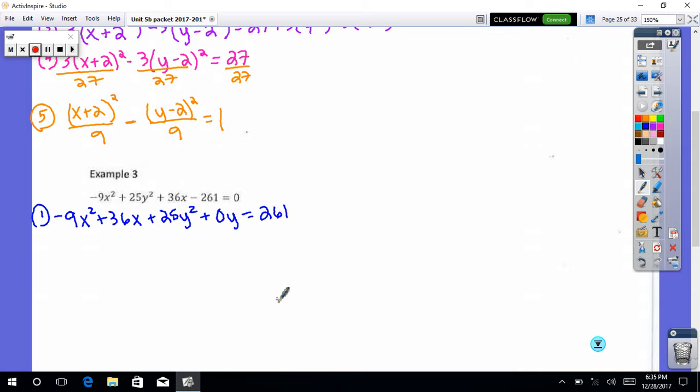It does not mess anything up, and it will eventually disappear. You'll see in a minute. Pull out my squared variable.